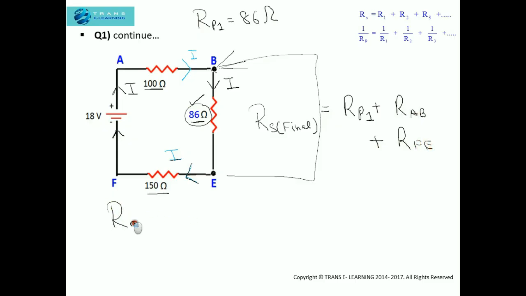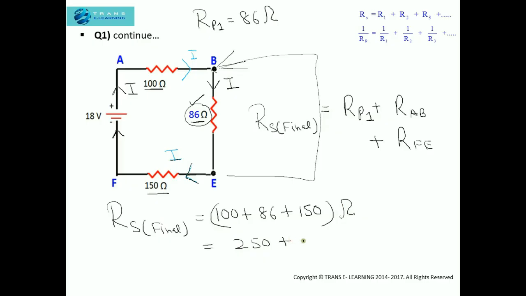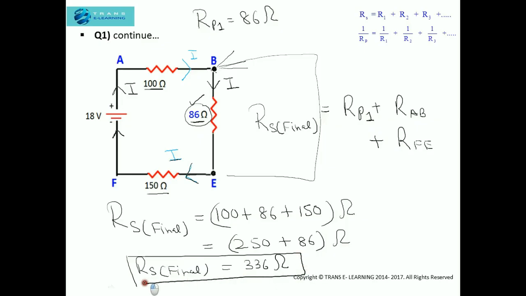So this final resistance will come out to be 100 plus 86 plus 150 ohm. On solving, this will come out to be 250 plus 86 ohm, that will be equal to 336 ohm. So this is the equivalent resistance of the circuit.